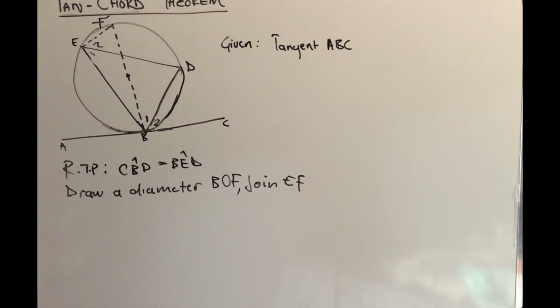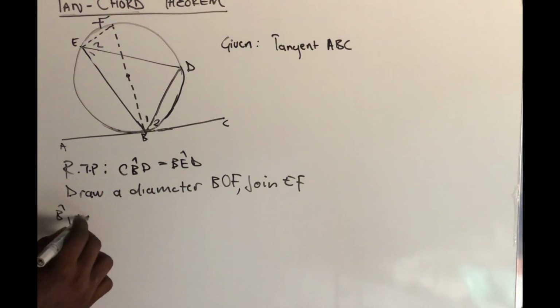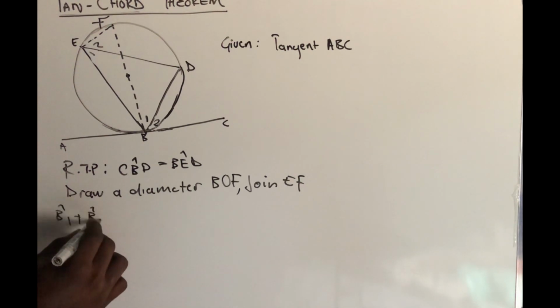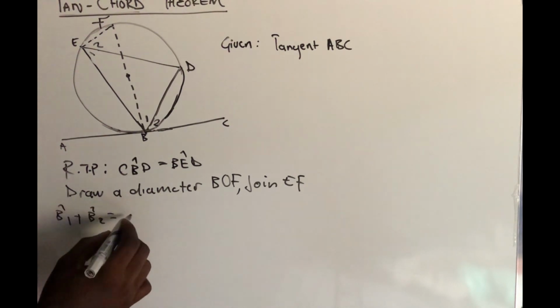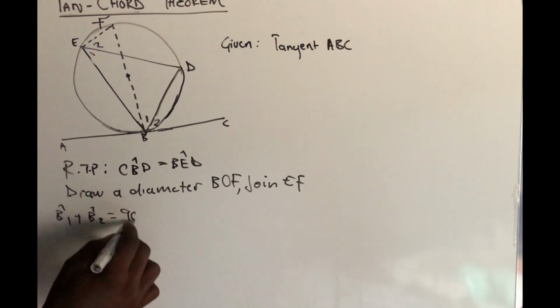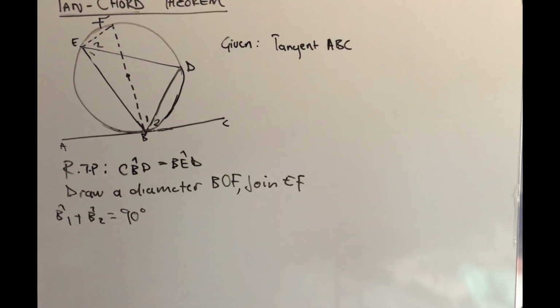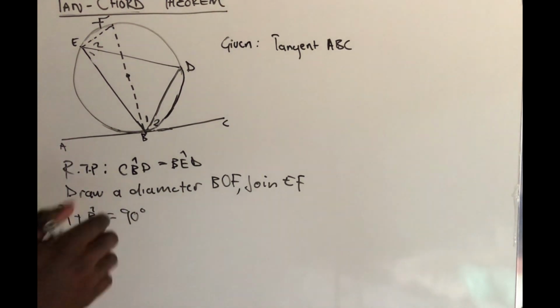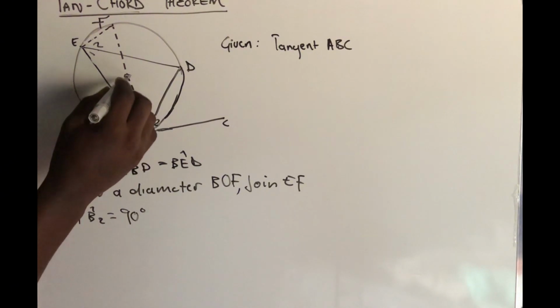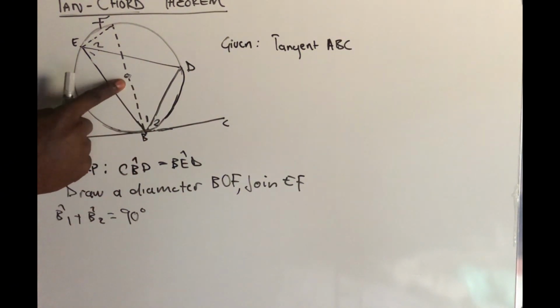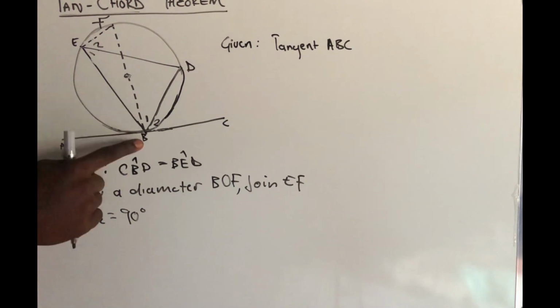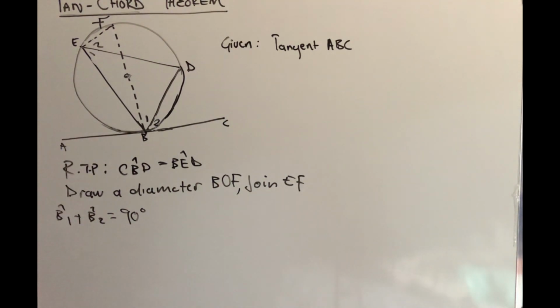And then now we can see that angle B1 plus angle B2 is equals to 90 degrees. What's the reason? You see, we say this is a diameter. A diameter passes from the center of a circle. So a line drawn from the center of a circle to the circumference, it's a radius.